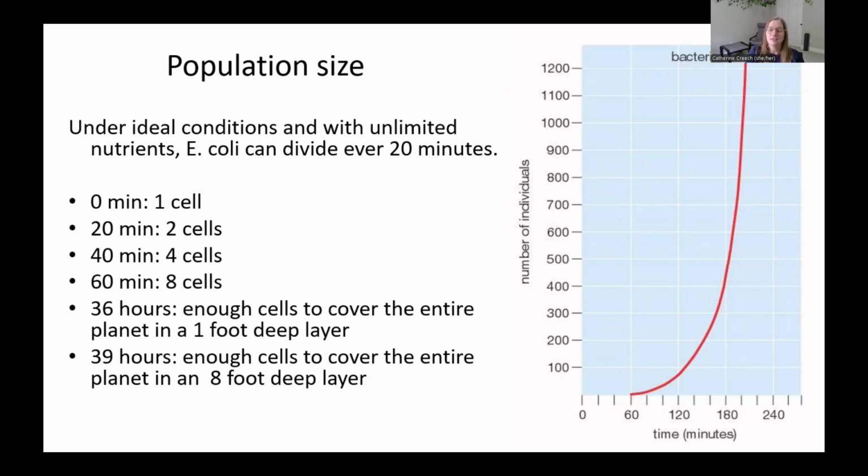And then within 36 hours, there will be enough cells to cover the entire planet in a 1 foot layer deep of E. coli. In 39 hours, that is enough cells to cover the entire planet 8 feet deep. So this is how rapidly exponential growth changes. It's hard to mentally think about, but we're increasing exponentially. So an incredible process. Luckily, this doesn't actually happen in real life.